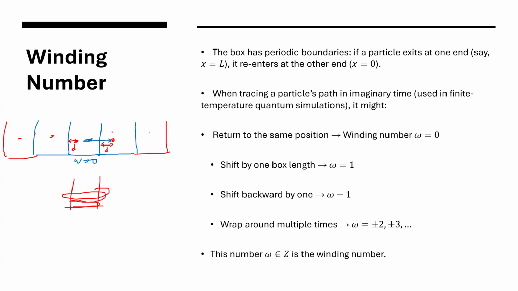But wherever it goes, it comes back to the same box based on the periodic boundary conditions. So omega can have positive and negative integer values. If omega is equal to 0, that means it moves within this box.